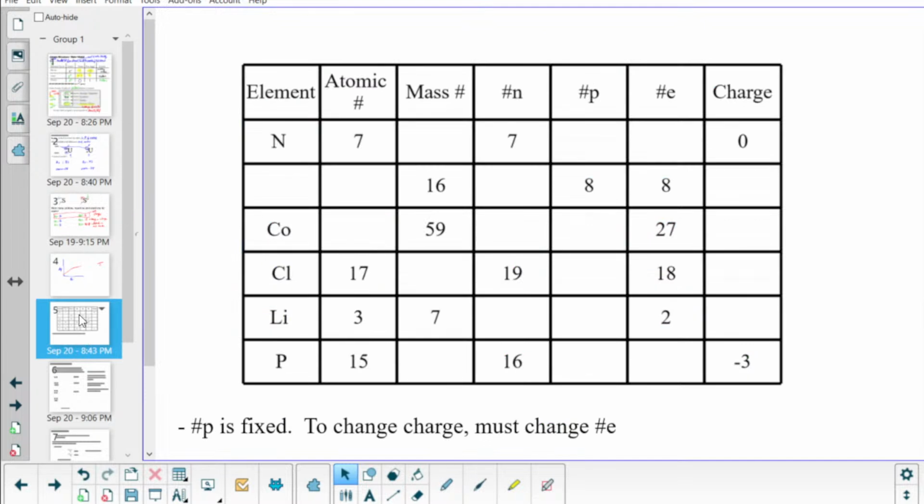And now we are filling out. A hint: you should never use the atomic mass in this table. It says mass number. So this table does not require your periodic table except to look up the number of protons or the identity based on the number of protons.